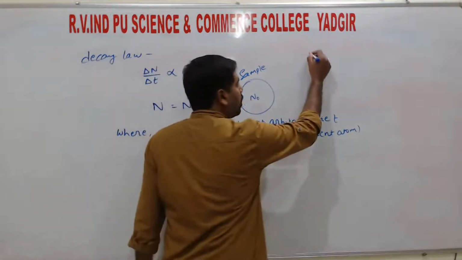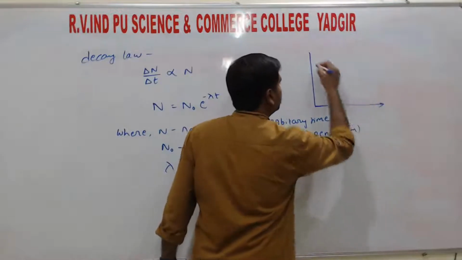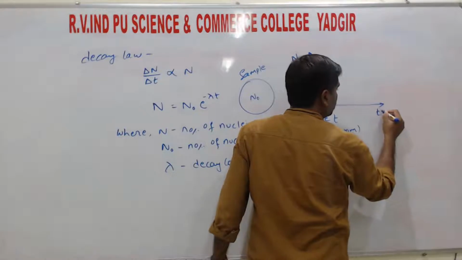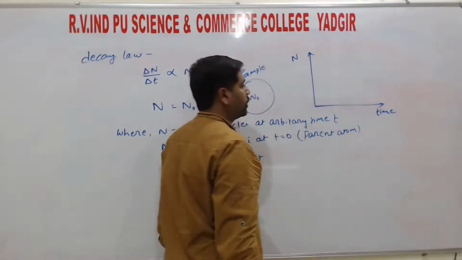So if you plot the graph for this, we have N here and time here, right?